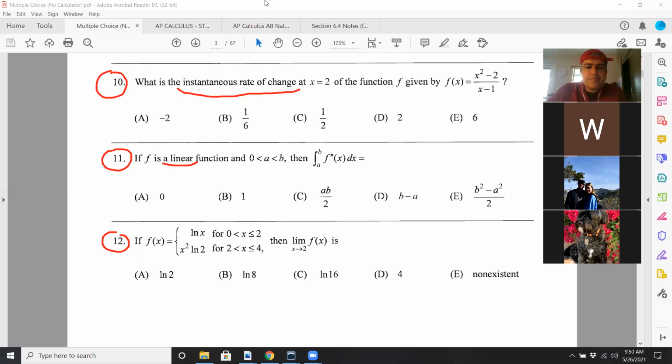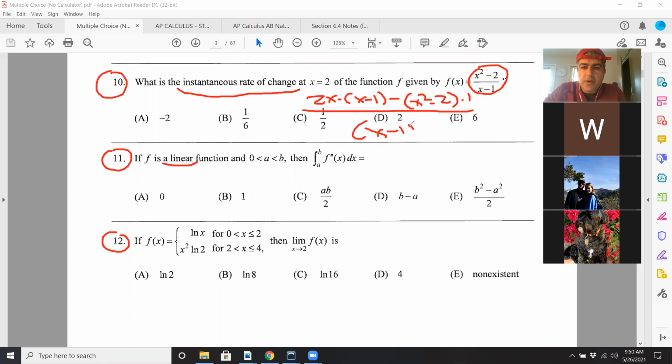Okay. So it's rate of change. All this means is just take the derivative and it's a product rule. Sorry, quotient rule. So you do the derivative of the top, just 2x, and leave the bottom alone. You switch it up, there's a minus, leave the top alone, and do the derivative of the bottom, which is 1, times x minus 1 squared.